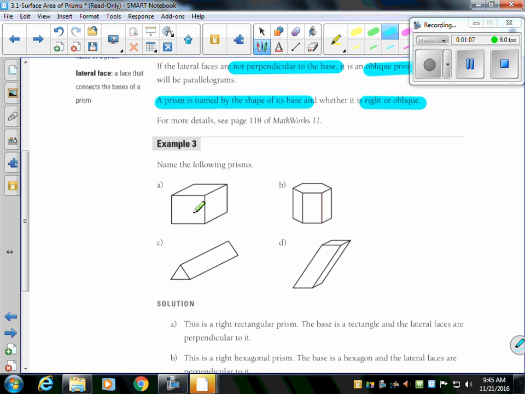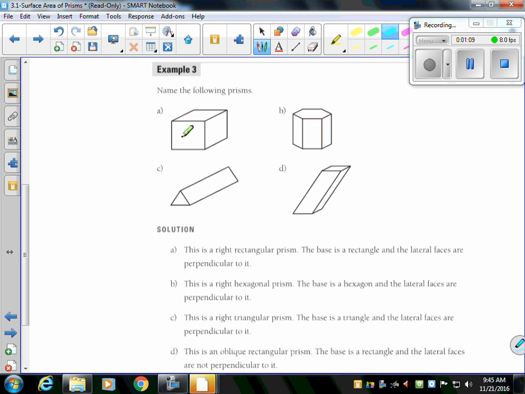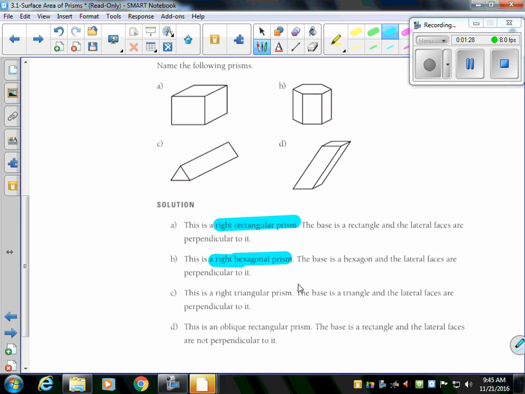So if we take a look here, this one is a right rectangular prism because it forms a 90-degree with the bases, and this is a rectangle. In B, this is a hexagon. So it's a hexagonal prism. It forms 90 degrees, so we call it a right hexagonal prism.